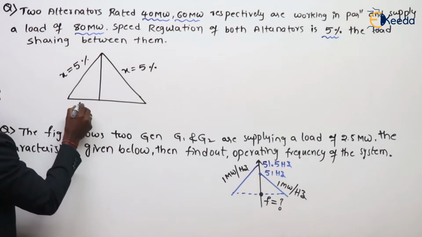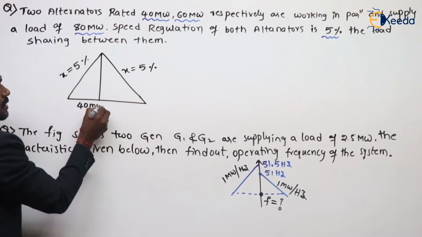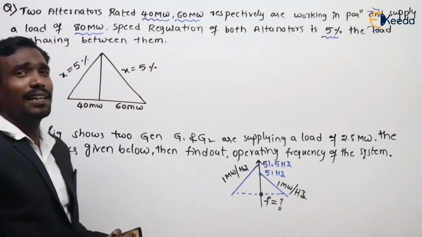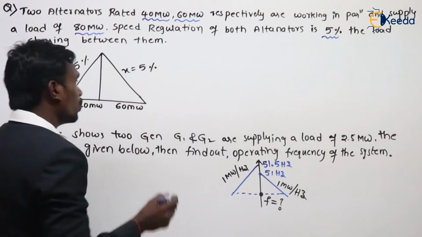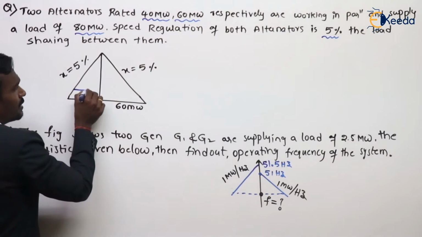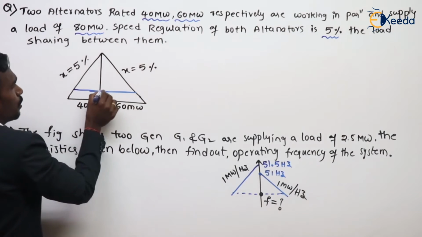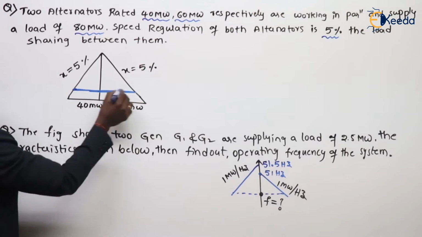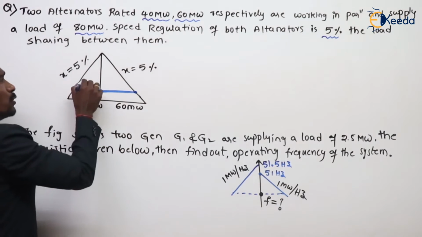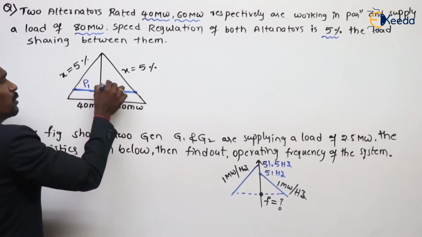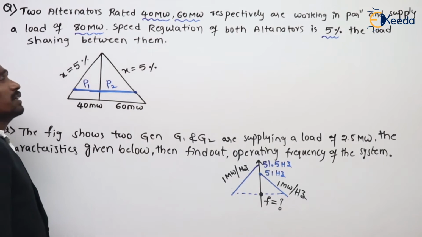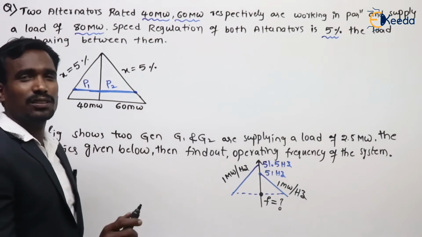This is 40 megawatts and this is 60 megawatts, combinedly 100 megawatts. But I don't want 100 megawatts, I want only 80 megawatts. But we don't know what is P1 and what is P2. Let's calculate this P1 and P2. They will ask you a question like that.